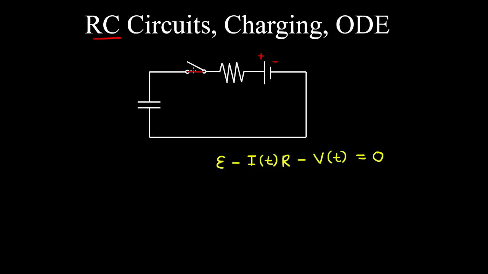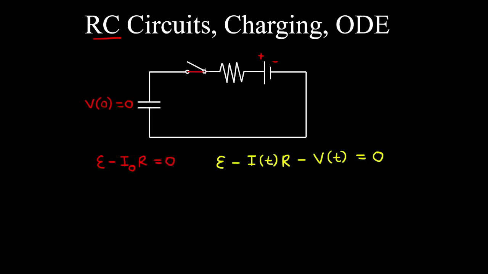Now just as we close the switch, we have current flowing through the circuit, and the voltage across the capacitor at time 0 is initially 0. So therefore, the electromotive force minus the current at time 0 multiplied by the resistance is 0.